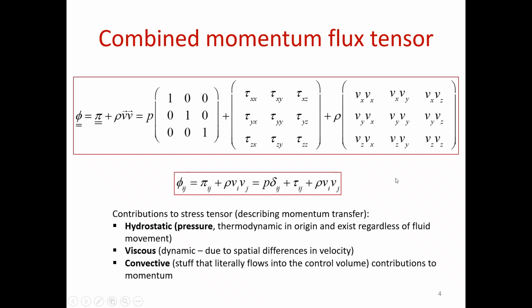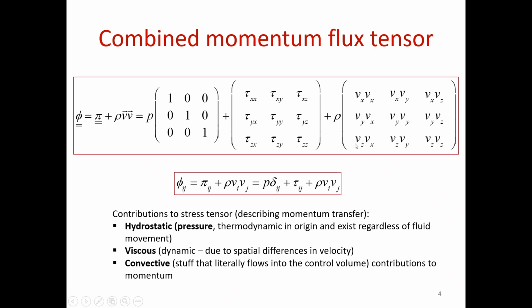And then we have the convective part. So this is dynamic that really exists only if I have spatial differences in velocity. Okay? And then here I have the convective component. That's simply stuff that flows in through a boundary. So if I have an X plane, only stuff that is orthogonal to that X plane is coming in.